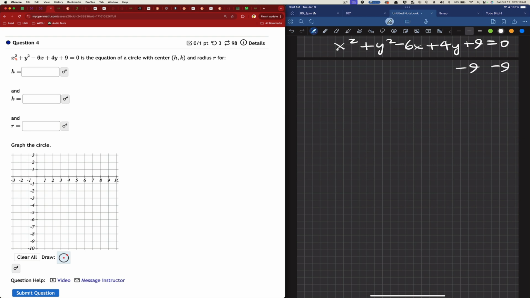When I rewrite this, I'm going to put the x's together in a space and put the y's together in a space. So x squared minus 6x, space, and I'm going to use a different color, plus y squared plus 4y, space, equals negative 9. Because remember, I subtracted the 9.